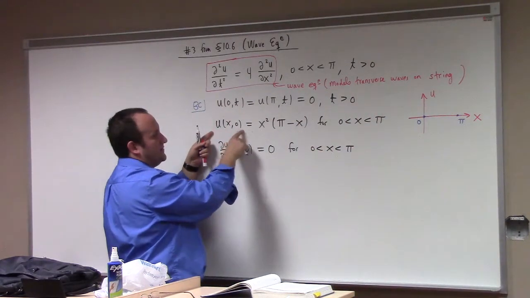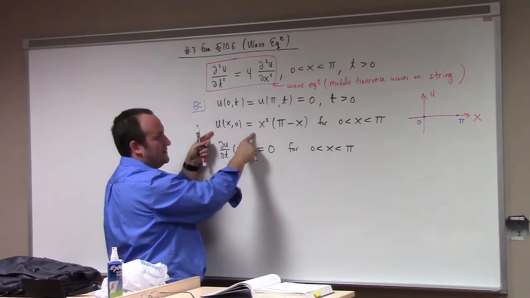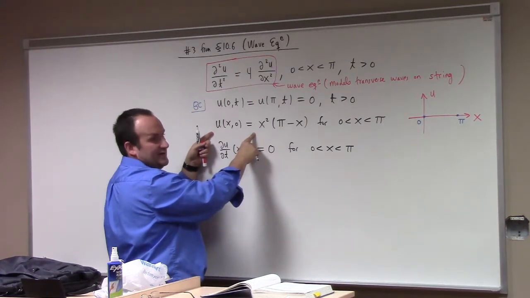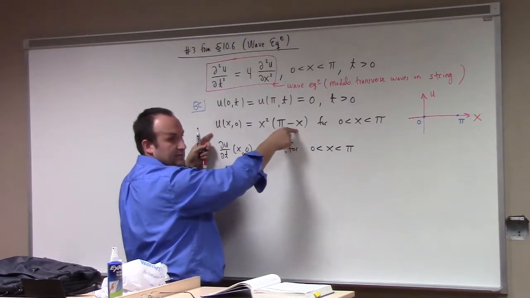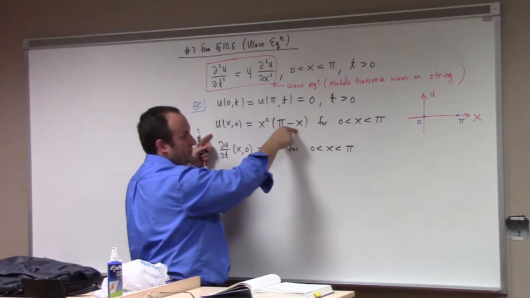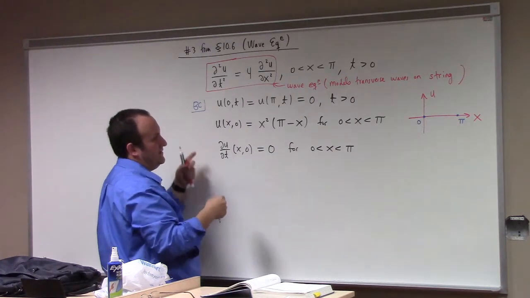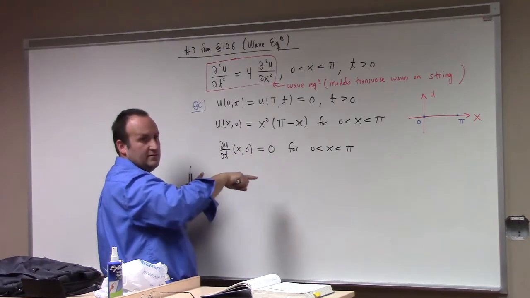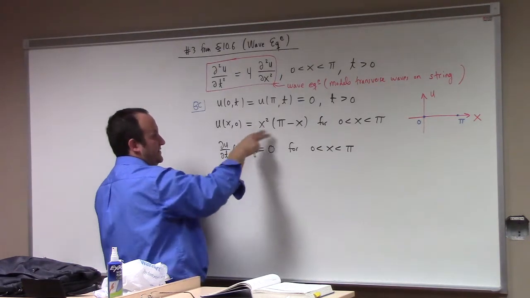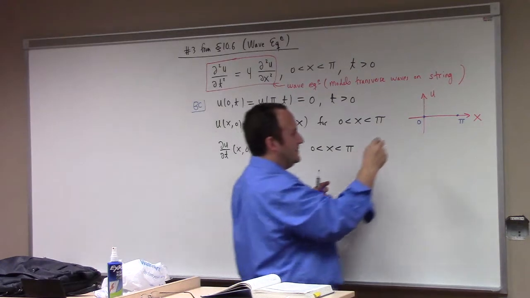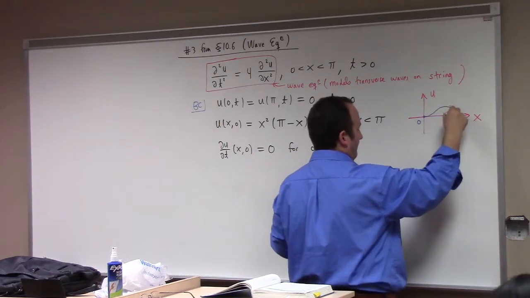And what's this business? U of x, 0 is x squared times pi minus x. What's that mean? Well, it's got a 0 at 0, right? And it's got a 0 at pi. And so I guess it looks something like it's bouncing off 0, right?